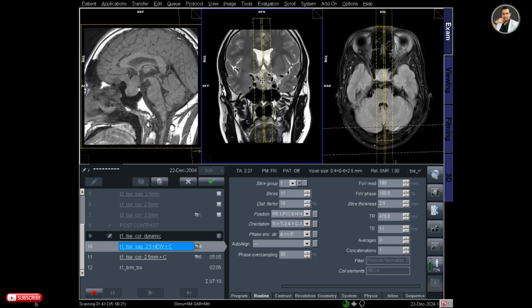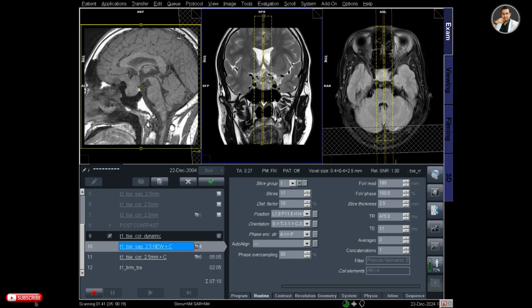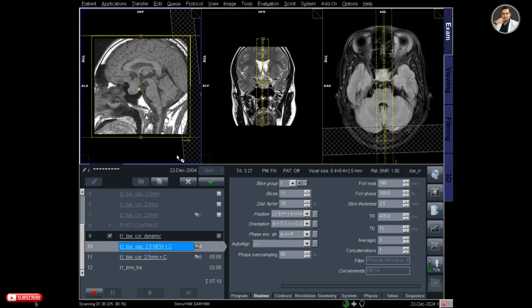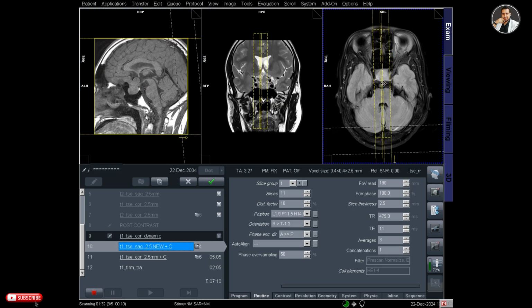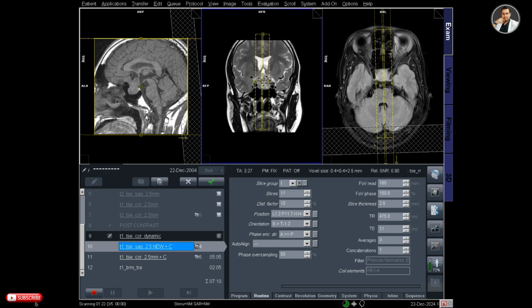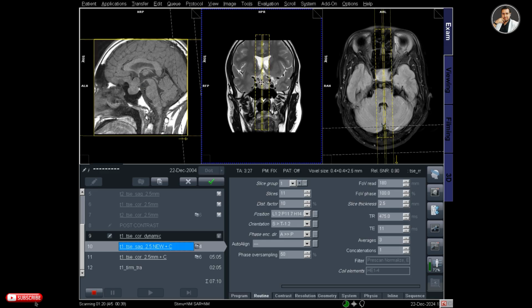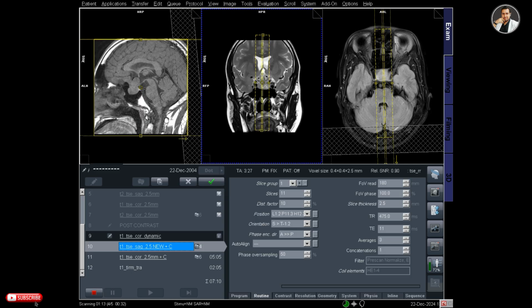And now I am planning for the T1 sagittal post contrast sequence. This sagittal planning should be over the coronal and axial images. For axial I am using the T2 FLAIR sequence that I have taken for brain. The mid slice will be at the mid part of the pituitary gland.